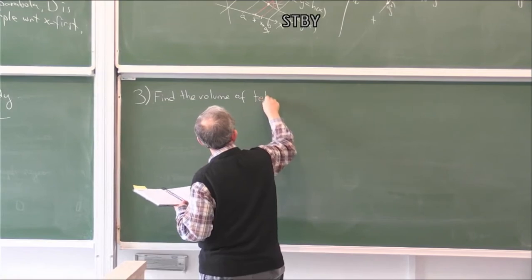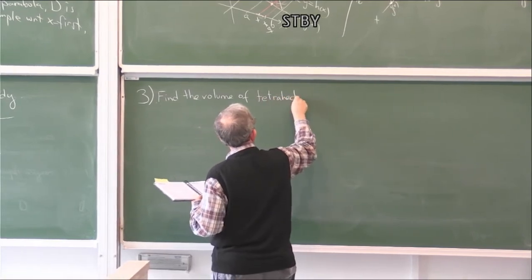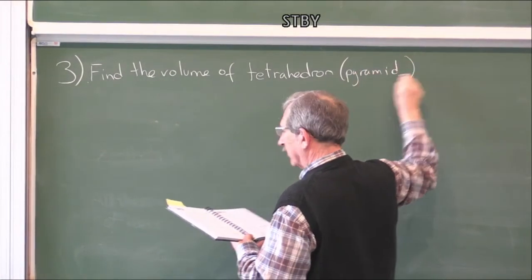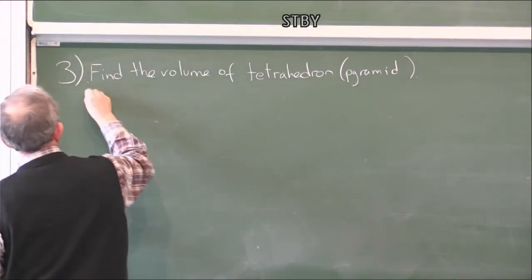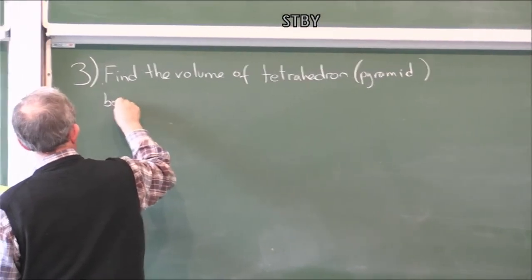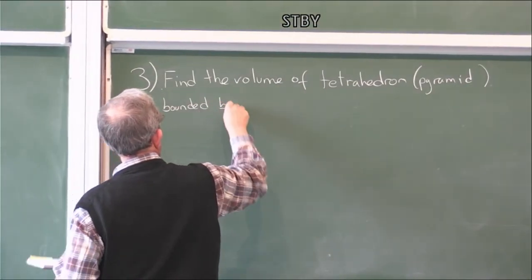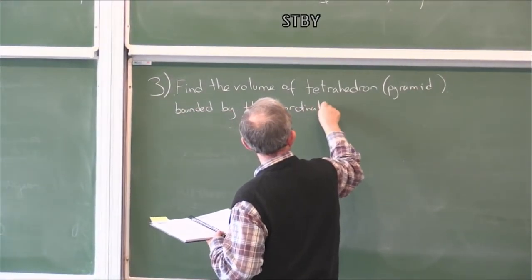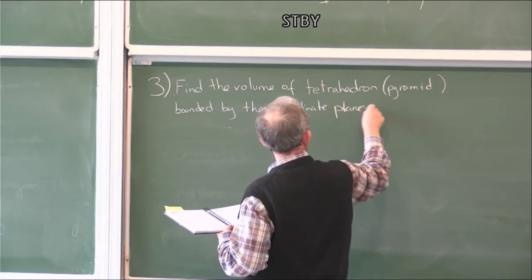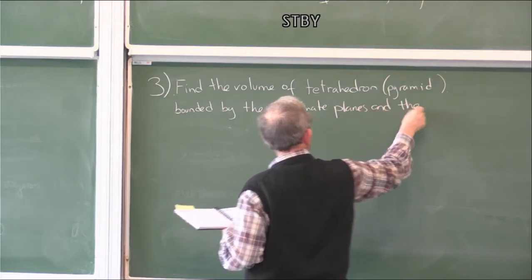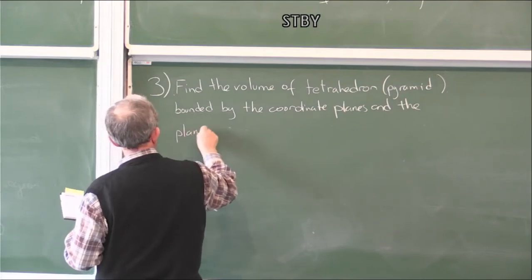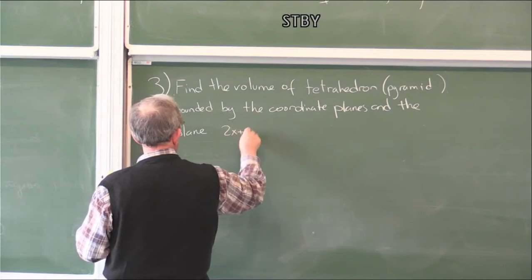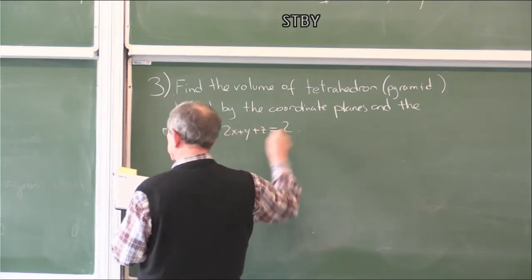The mathematical name is tetrahedron, bounded by the coordinate planes and the plane 2x plus y plus z is 2.